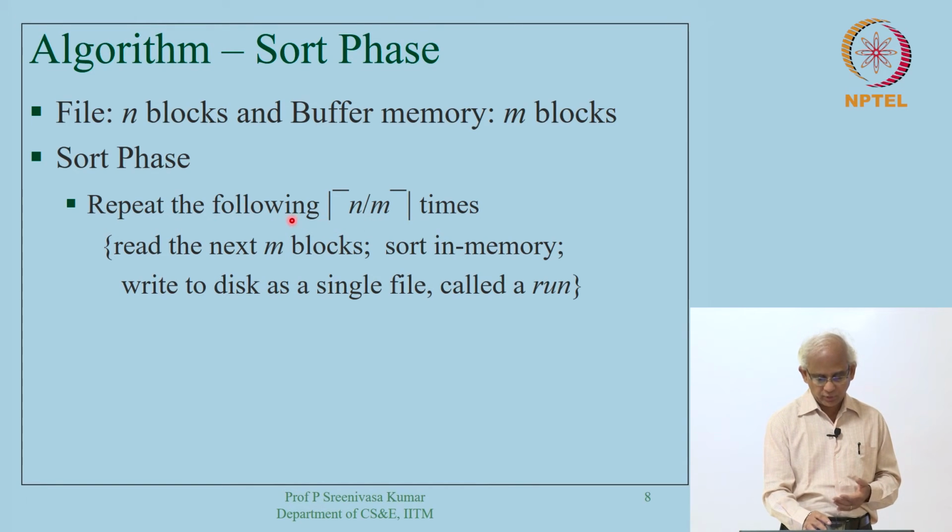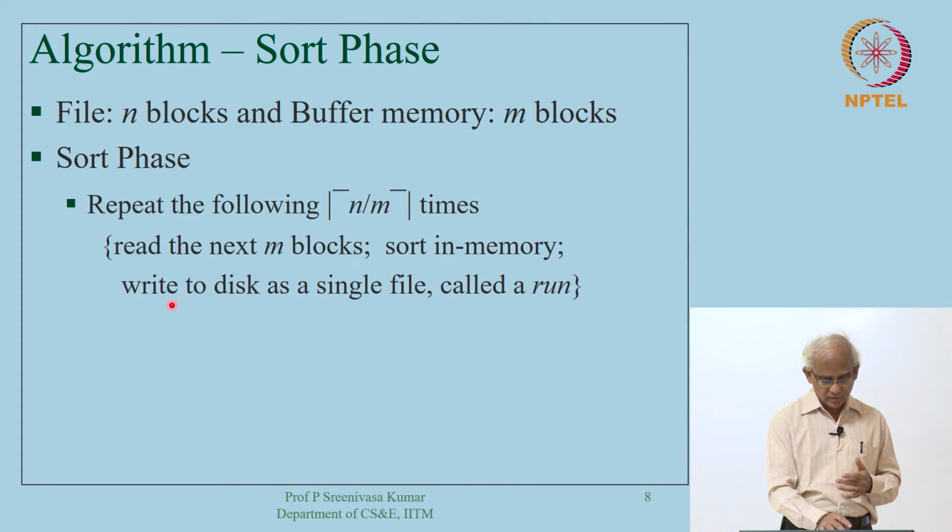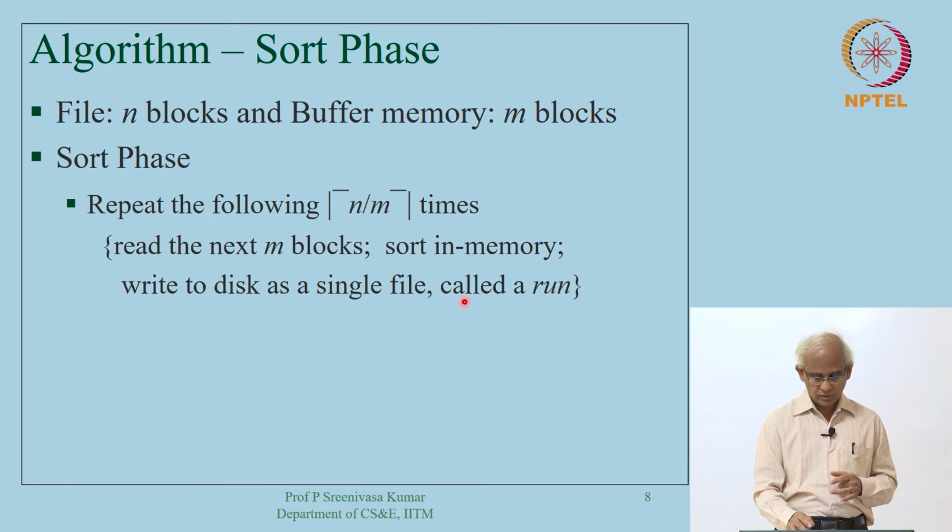So repeat the following ceil(n/m) times. Each time, read the next m blocks or a part of it, since the last time you may have fewer than m blocks. Read the next m blocks, sort them in memory, and then write them to disk as a single file called a run.